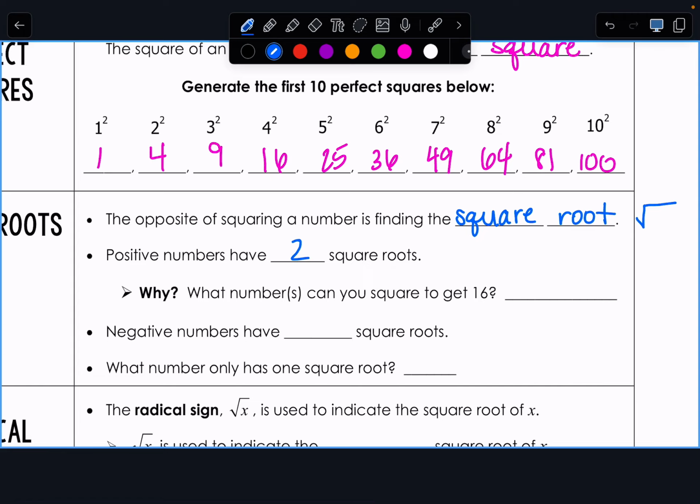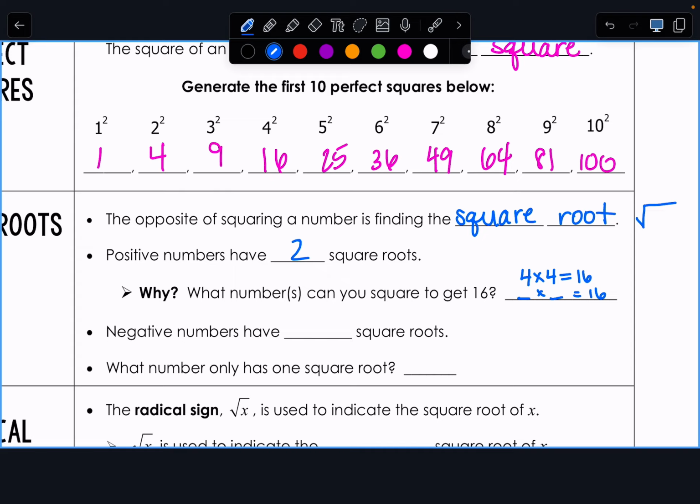So let's talk about this. 4 times 4 is 16, correct? Is there another number times itself that equals 16? Question, what's a negative times a negative?